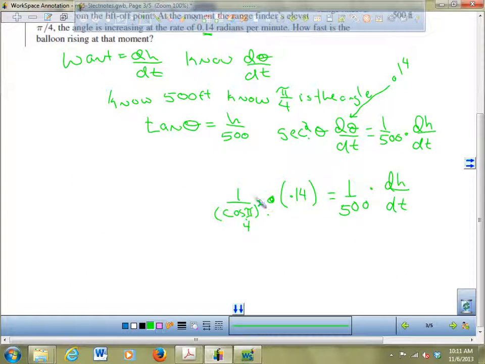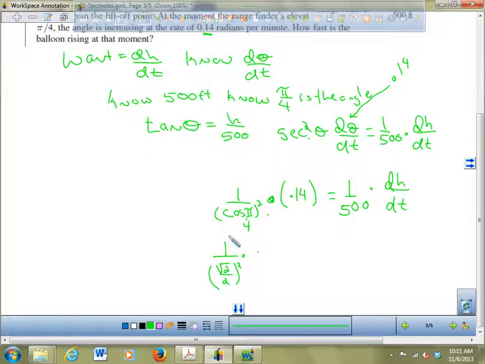Cosine of pi over 4, anyone remember what that is? Root 2 over 2. So it's 1 over root 2 over 2, squared, times 0.14.